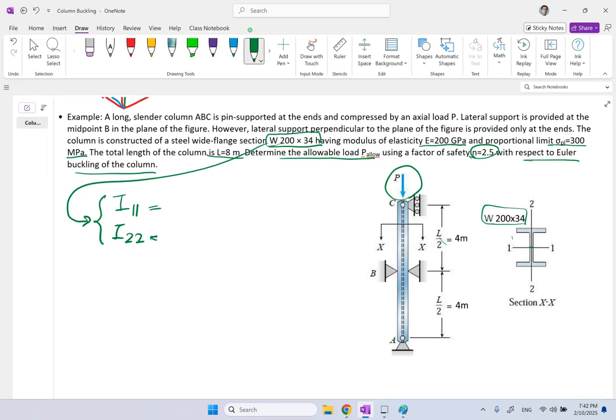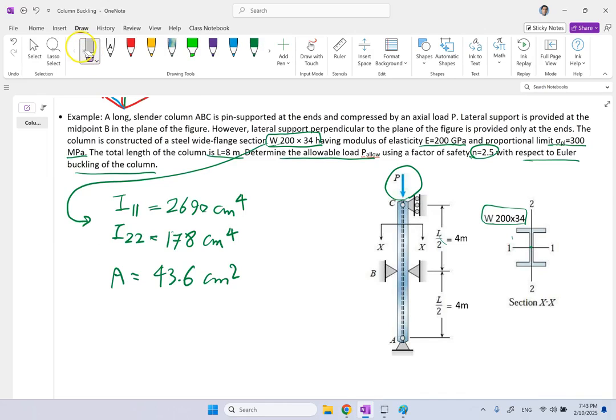If you look, this is 2690 centimeter to the 4, and the other one is just 178. Also, the cross section area for this is 43.6 centimeters squared.